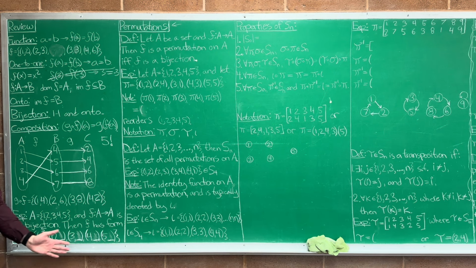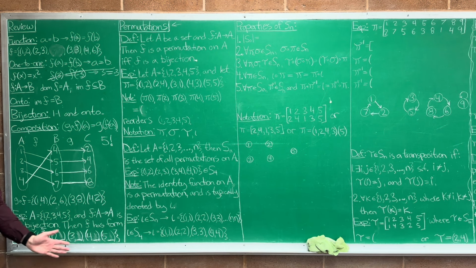As a matter of convention, when we are using variables to represent permutations, we use lowercase Greek letters. We use these Greek letters, typically pi, sigma, tau, and iota, to represent permutations. It's just to help you from context instantly know what we're talking about.